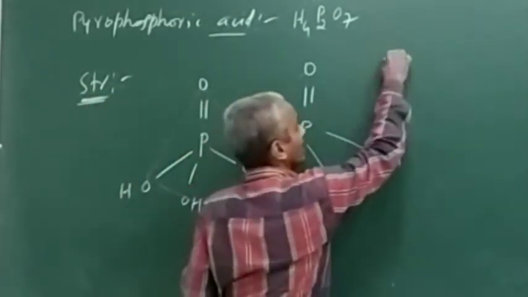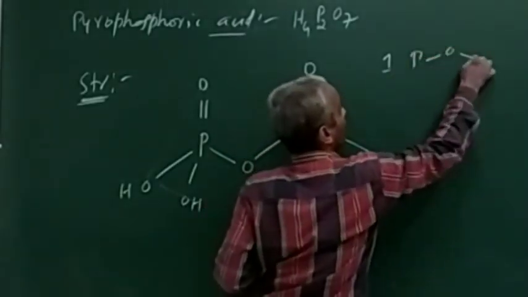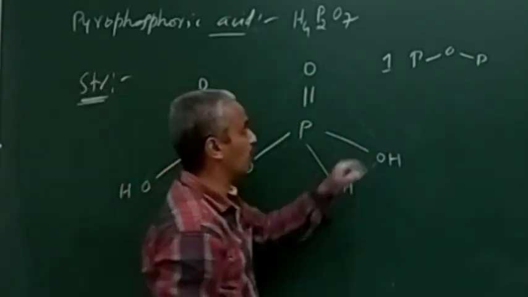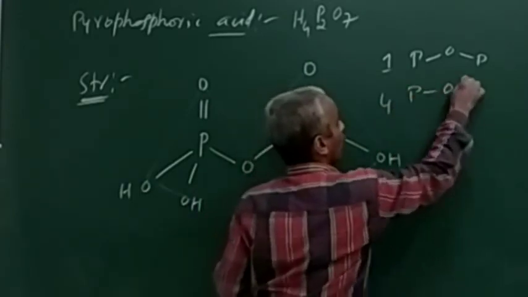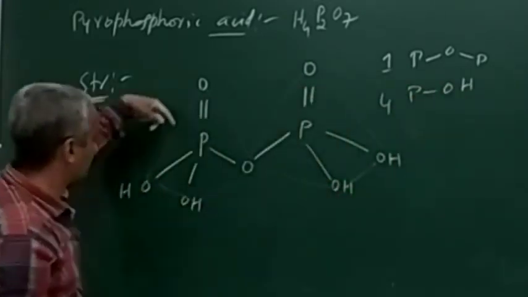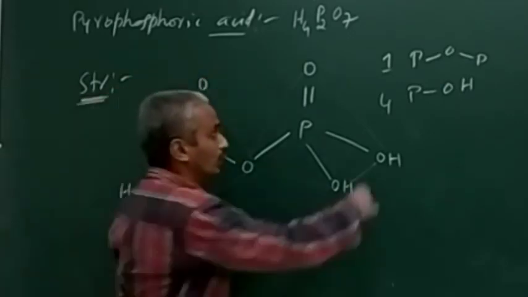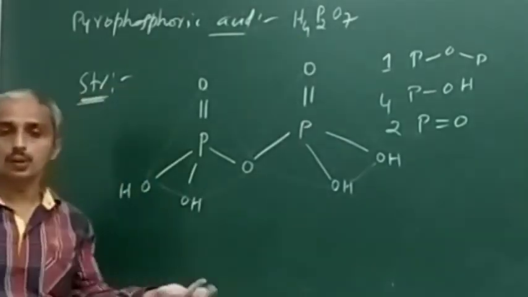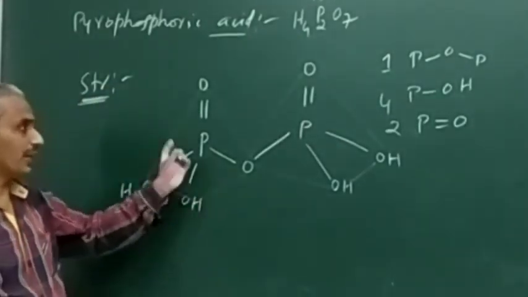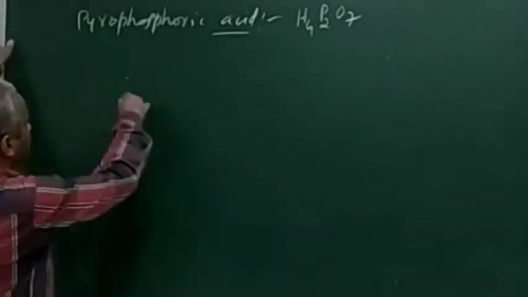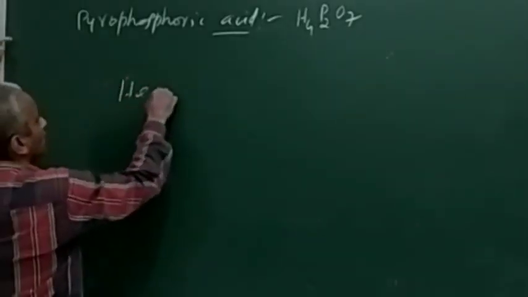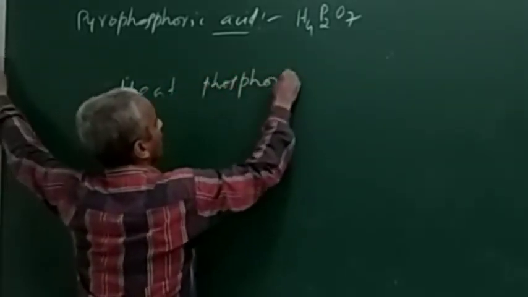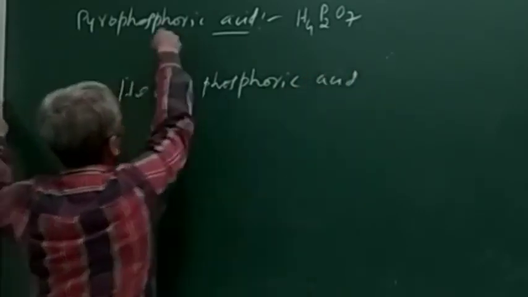So 1 POP bond, then 1, 2, 3, 4 POH bonds. Then 2 P double bond O bonds will be there. No PH bond, means it cannot be a reducing agent. How to get this? Here is the phosphoric acid. We get this compound.